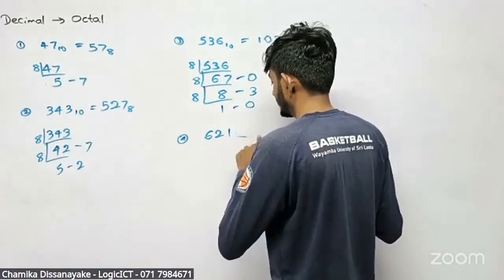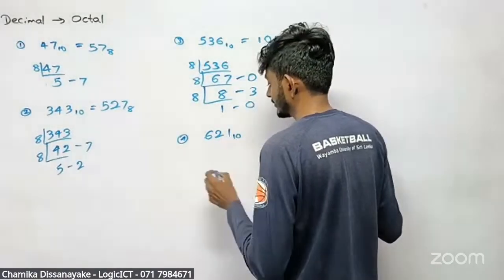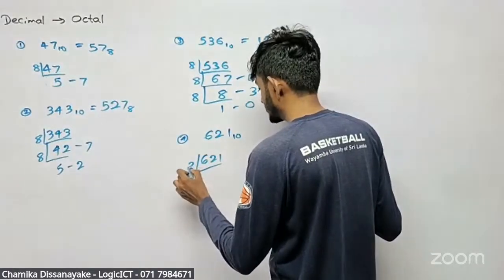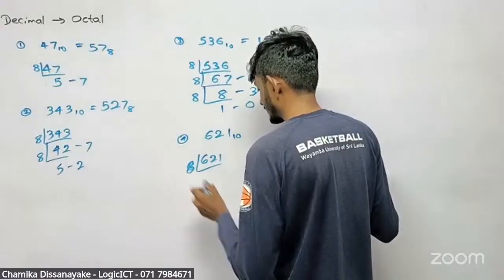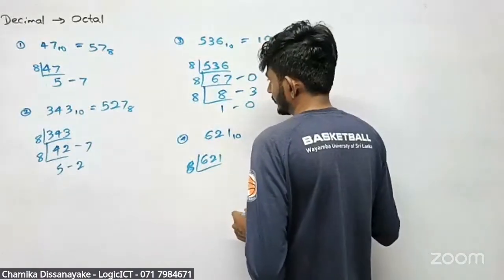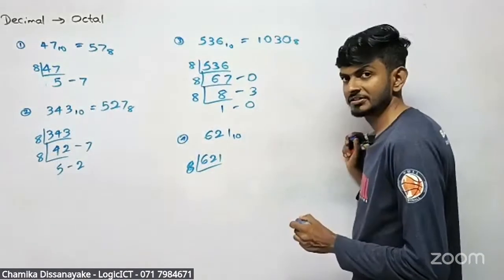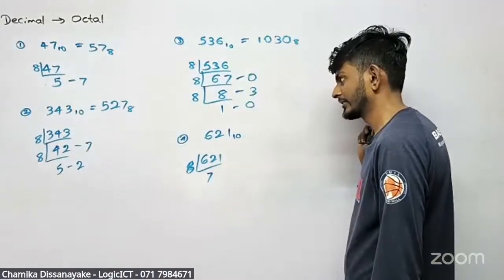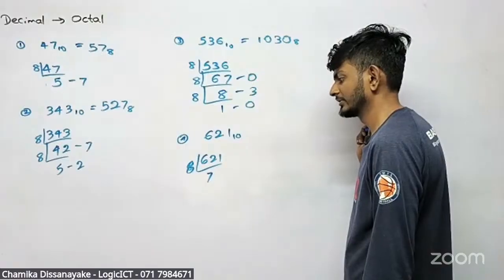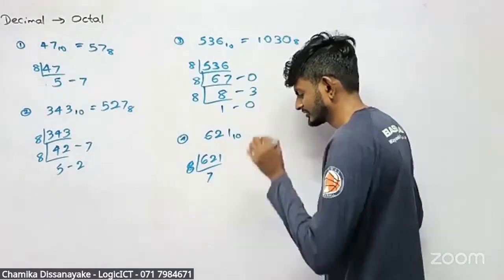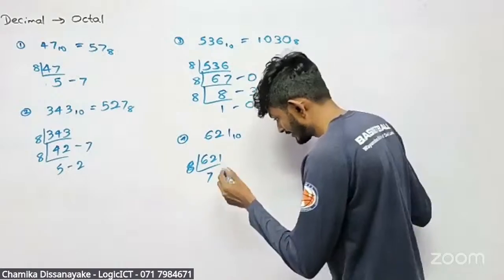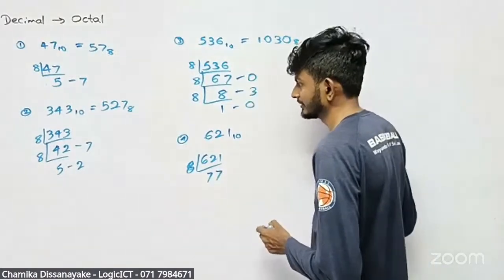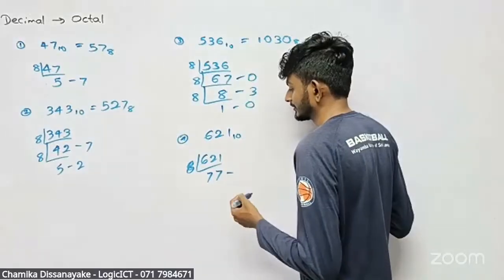So this is the decimal number, 621, to be divided by 8. For 64, there are 8. That means here should be 7. 64, that means 60, no? 61. 61 again 7.